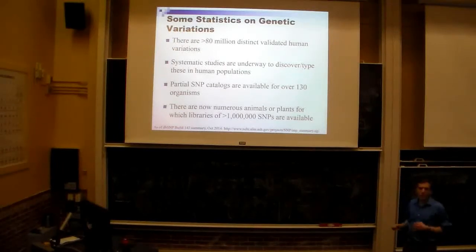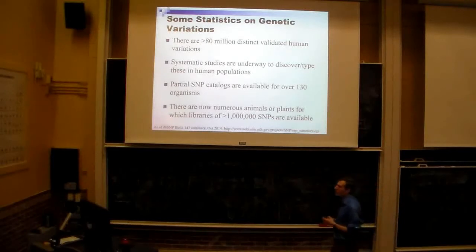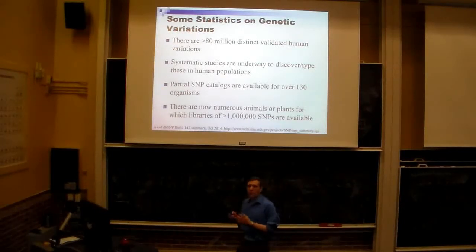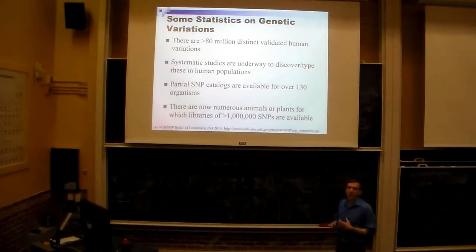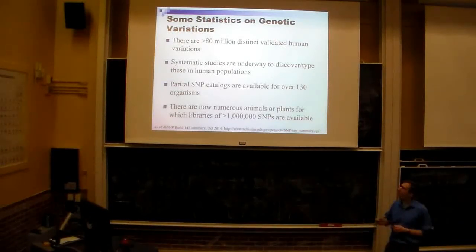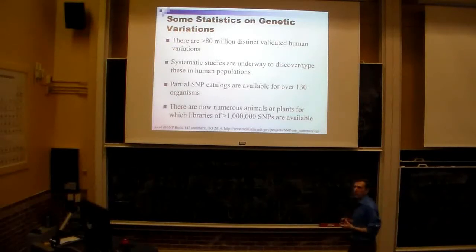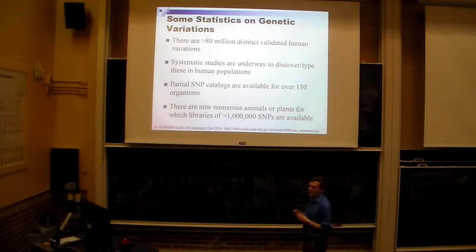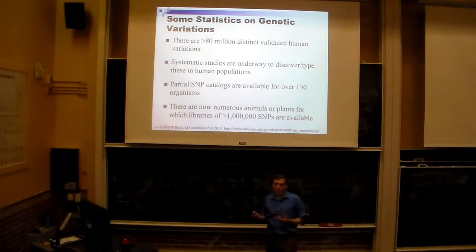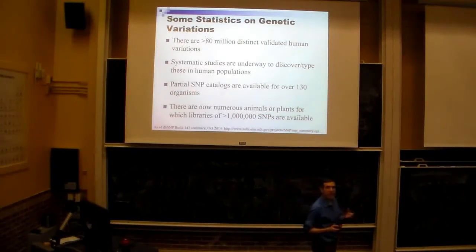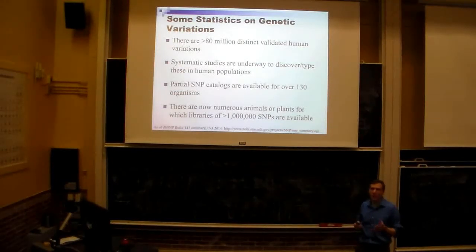There are hundreds of organisms available for which we have at least partial catalogs of variations now, and more coming online where we have really systematic whole genome libraries of millions or more of SNPs. So this is something that is becoming now a standard sort of resource available for looking at model organisms, looking at organisms that are important because of basic research reasons, and, for example, close relatives of human beings or other ones that are important in evolutionary studies.